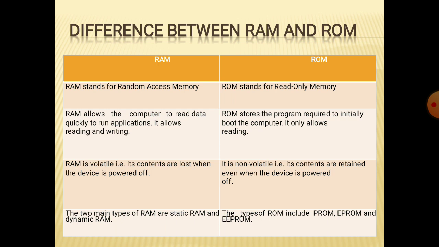So the question can be asked in any way, so you have to study primary memory in detail, because the paper setter will concentrate more on primary memory rather than secondary memory. In most question papers, you will get questions mostly on primary memory, separately or on RAM and ROM.